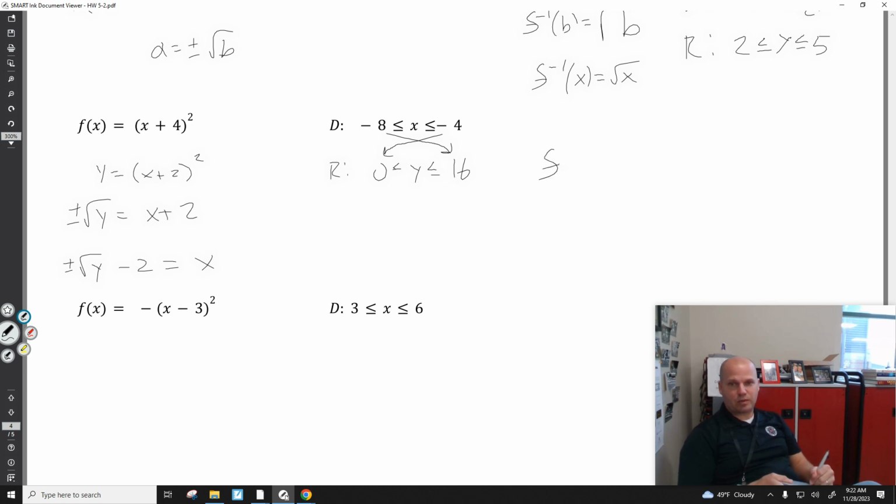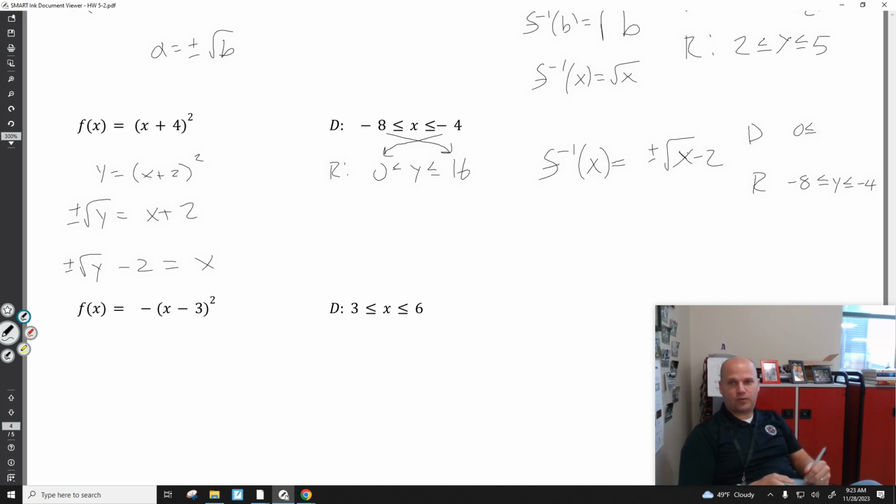So I can have my expression for my inverse. Maybe using x's would be plus or minus the square root of x minus 2. My domain has to be 0 to 16. My range has to be negative 8 to negative 4 to undo what's being done.